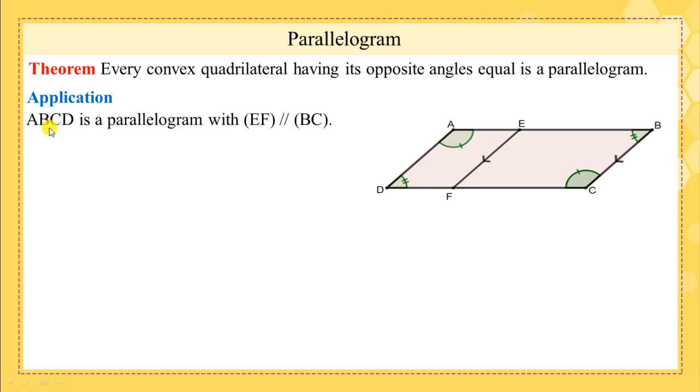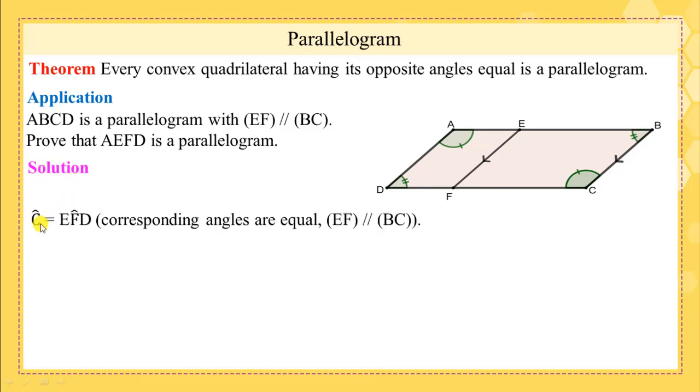Application. ABCD is a parallelogram with EF parallel to BC. Prove that AEFD is a parallelogram. Please pause the video and try to solve the question. Solution. C equals EFD because corresponding angles are equal by EF parallel to BC.